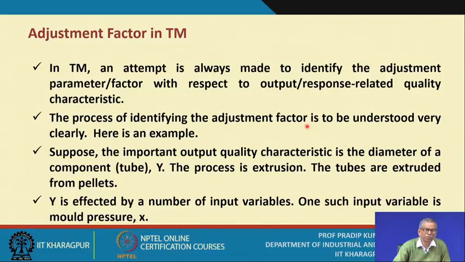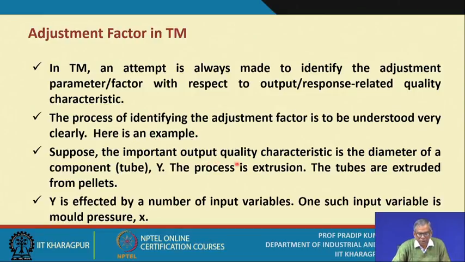Once you can identify the adjustment factor, possibly in 99% of the cases you will be able to apply the Taguchi method. So the process of identifying the adjustment factor is to be understood very clearly. I will give you an example. So, here is an example.